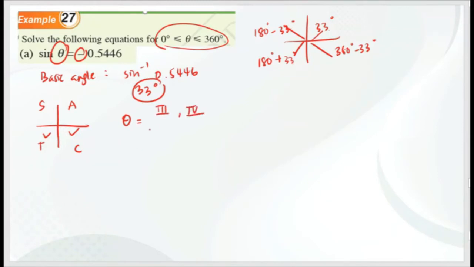Third is 180 plus 33 degree, and the fourth quadrant 360 minus 33 degree. So your angle is equal to 213 degree and 327 degree. This is the simple question, the easier question.